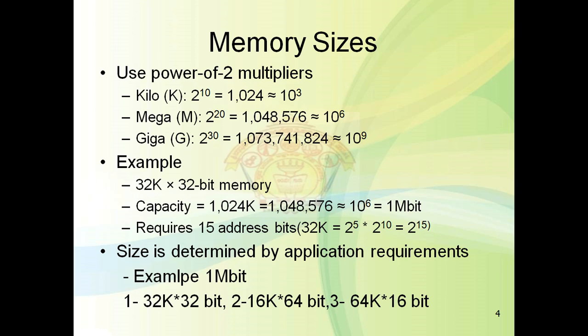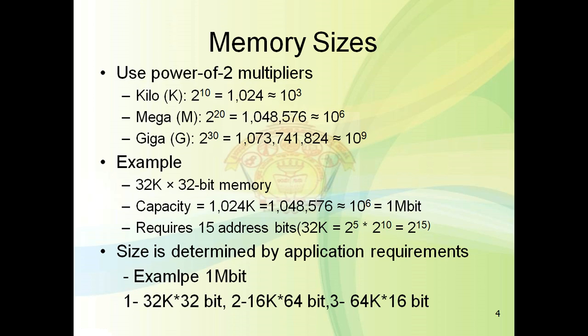Now let us take one example. We have a memory of 32k into 32 bits. What is meant by 32k? 32k are the memory locations, and each memory location has 32 bits. Then what is the capacity of this memory?